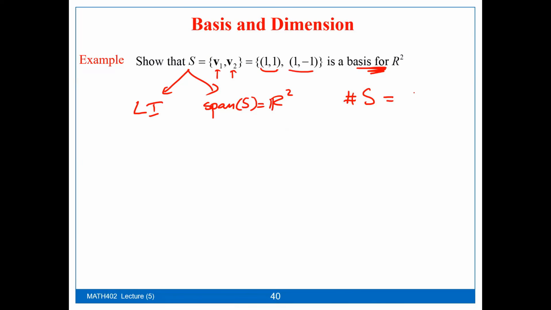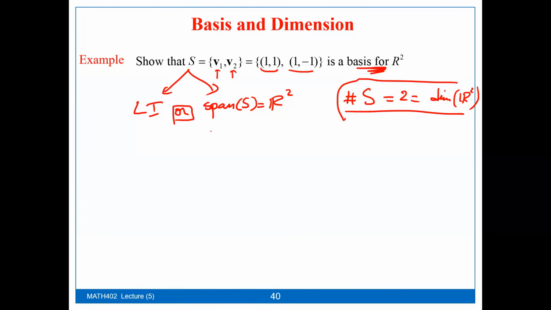It's 2. What is the dimension of R2? 2. So the number of elements is equal to the dimension. So there is no need to do both, it's enough to do one of them, because we have this information.